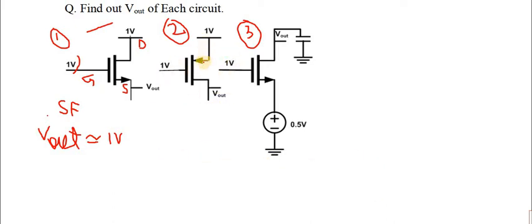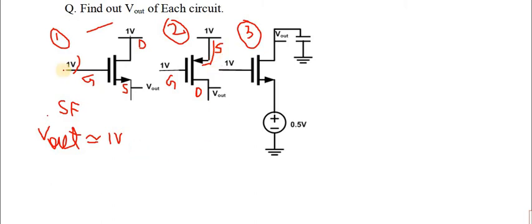It is a PMOS. Don't get confused that the first circuit and second circuit are the same, both are not the same. Although the gate and this terminal voltages are the same, this is a PMOS. So this is a PMOS and again V out is asked. For the PMOS, this is gate, this is drain and this is source terminal.